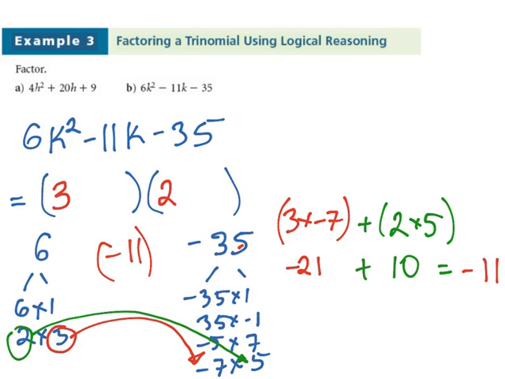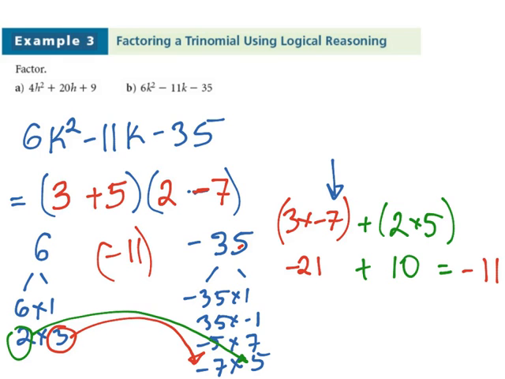Now since the 3 is multiplied with the 7, we have to put the 7 opposite to 3 so it multiplies. So we put negative 7 on the opposite side in the other factor. And then what's remaining, we'll put the 5. And it's a positive 5.